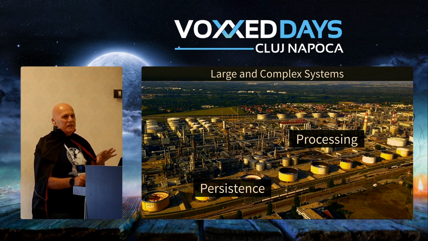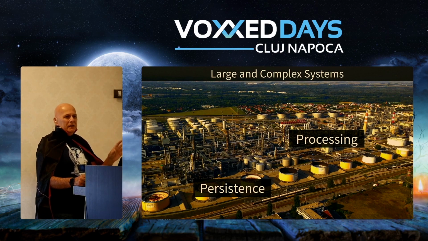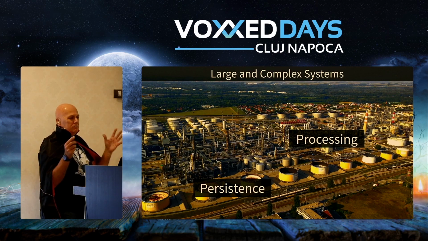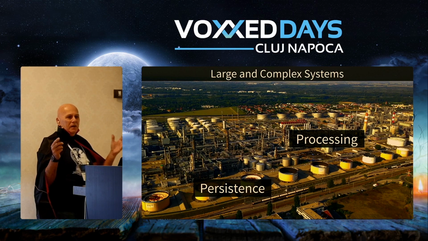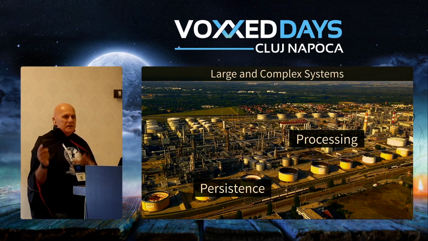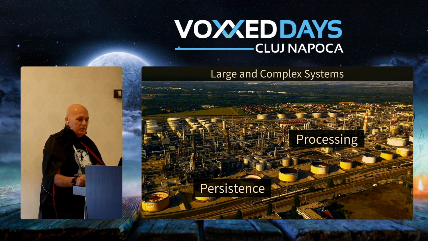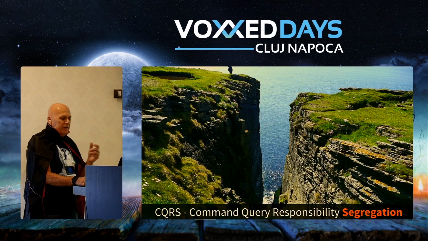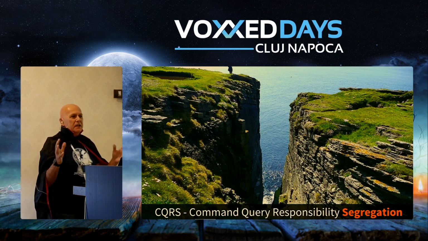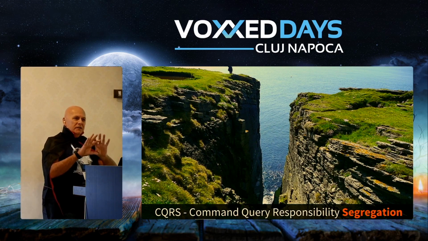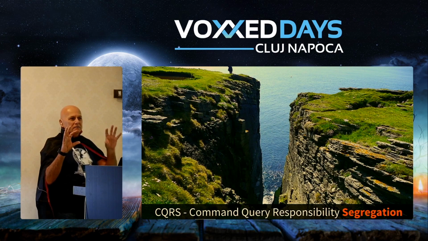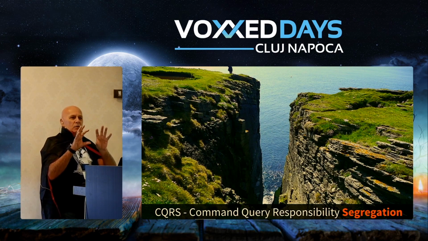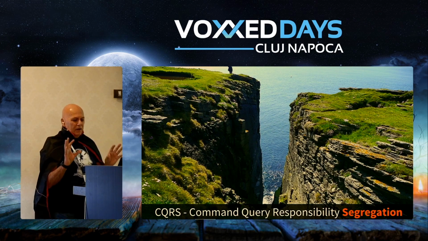So I see event sourcing and CQRS as an excuse for a way to break up your database, like a traditional relational database that's the foundational piece of a big monolithic system. This is a really significant alternative for doing persistence. And it really is this segregation. Segregation is split, right? We're taking data and splitting it apart. And that's what I'll be showing you.